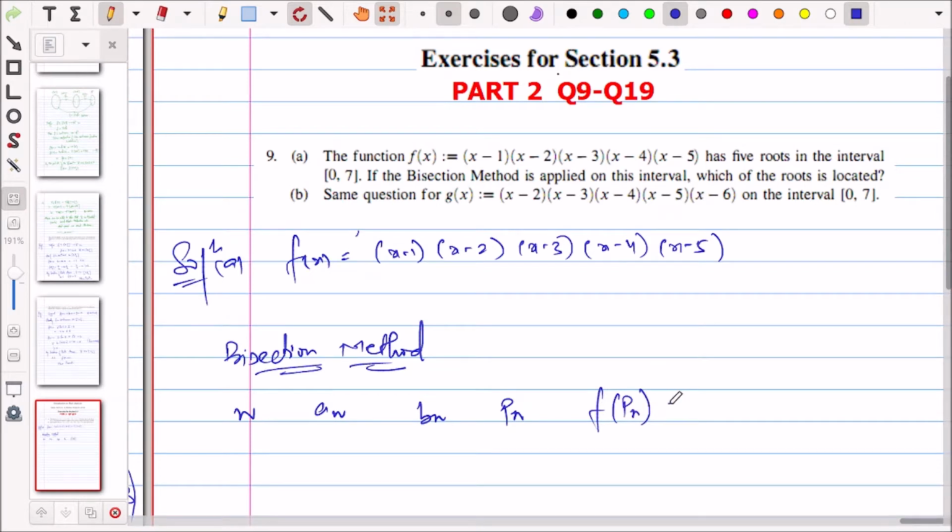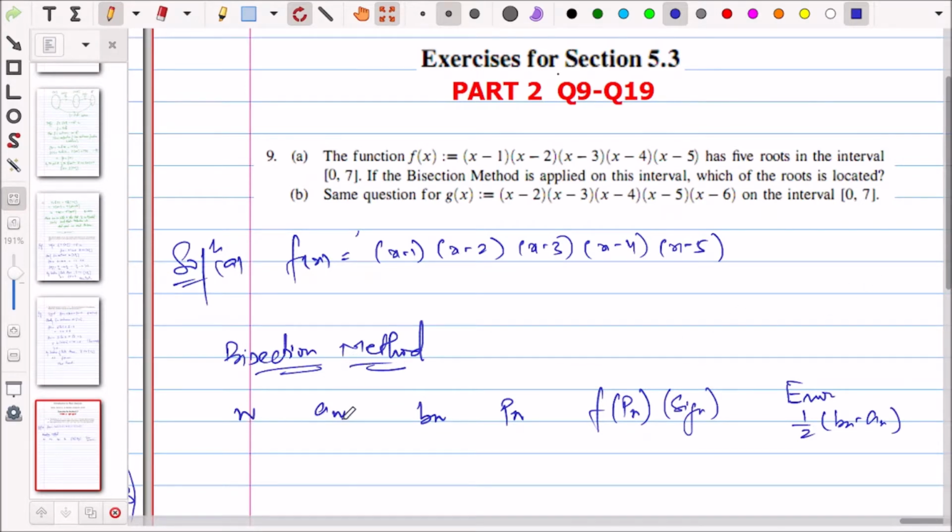In fact we just need its sign, we don't need the exact value. And then we have the error. In this case we don't need it, but sometimes it is also needed.